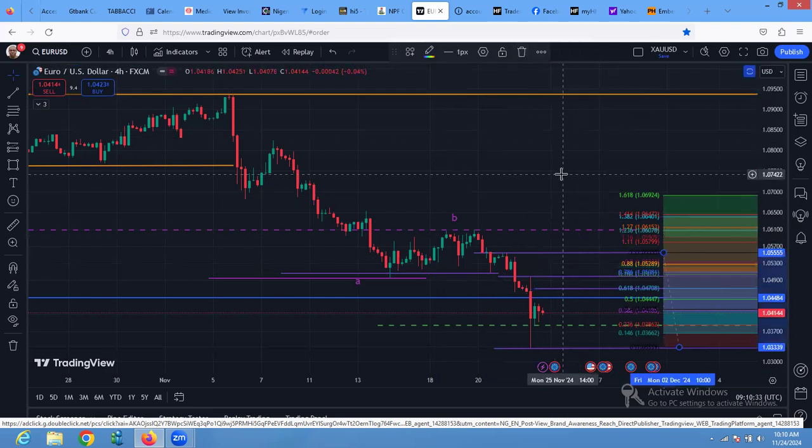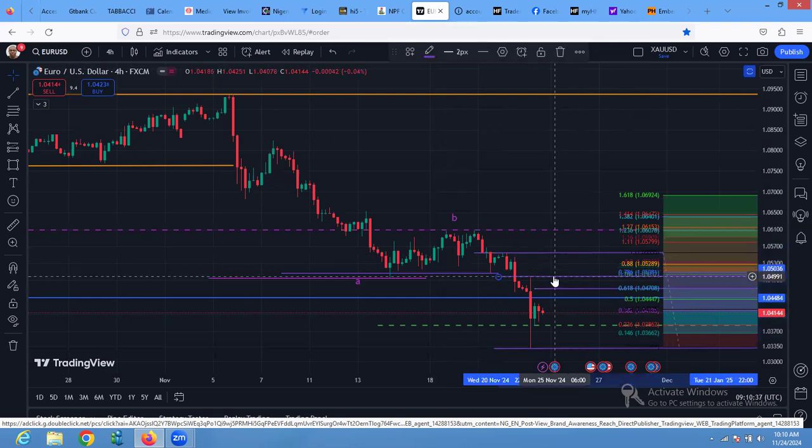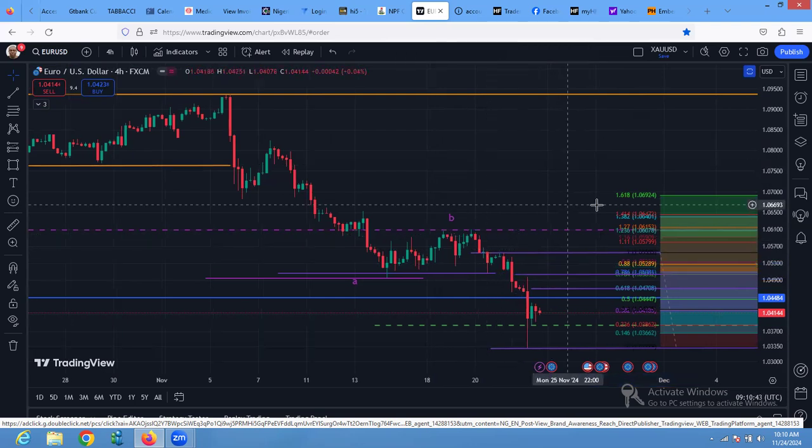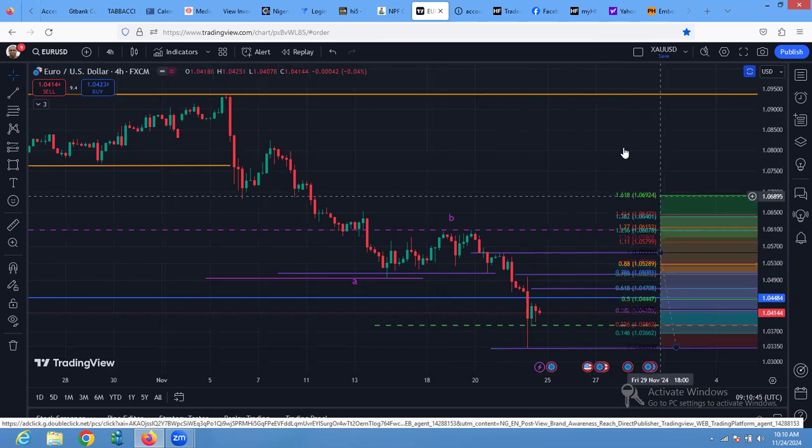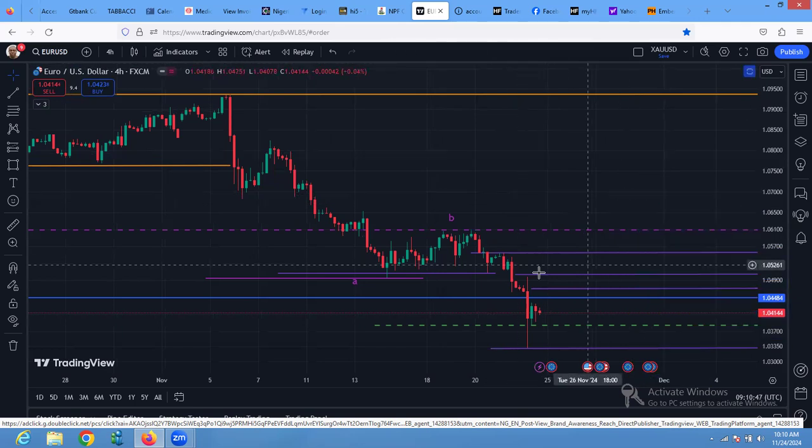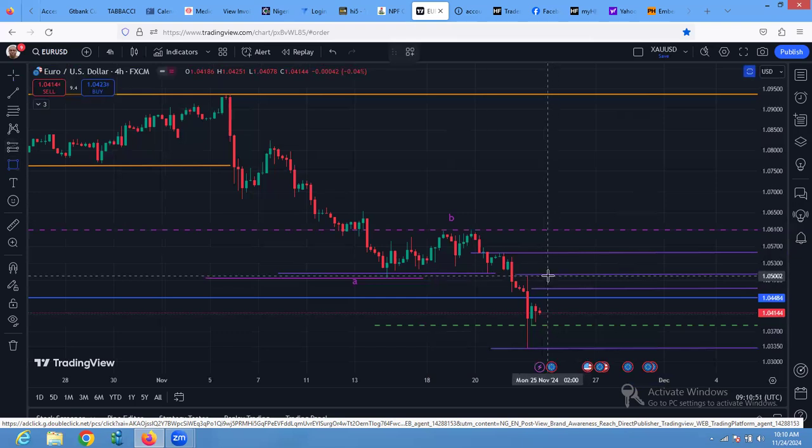Let's just push this one a bit up to 76 as the area that I don't expect price to take. So I think between this zone here, we should see a further reaction to the downside, and it may not get here. It now depends on the kind of correction that we have before we get here.